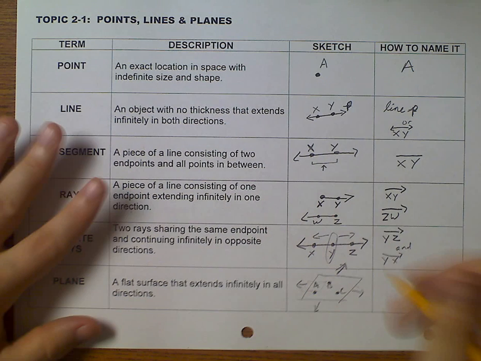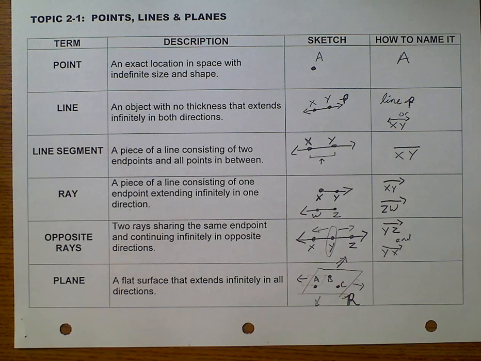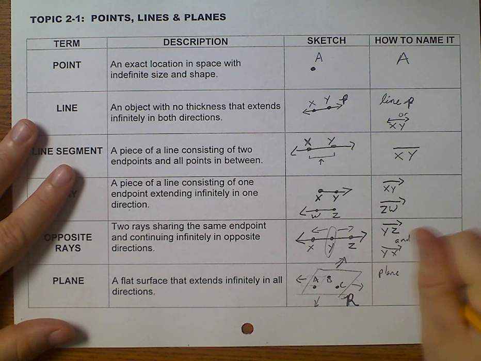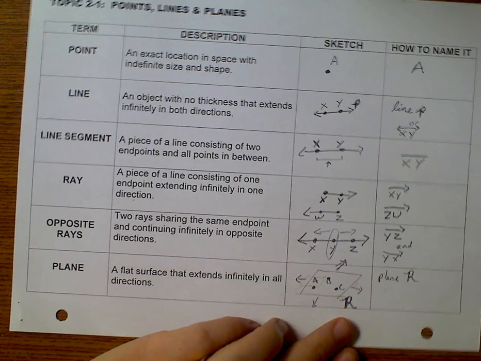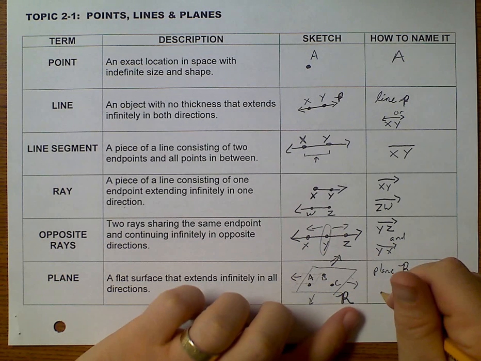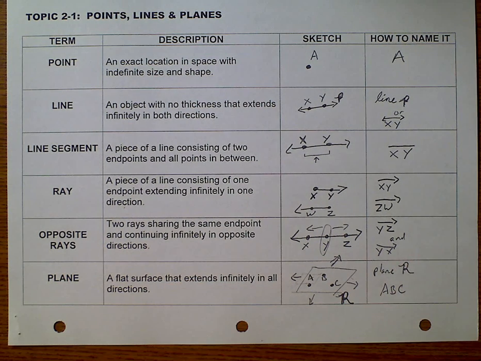Or I'm going to go ahead and also label this with a big capital cursive letter. So we could say plane R with a big capital cursive letter, or we could just call this A, B, C. Three points. Just list them, and that's a plane.